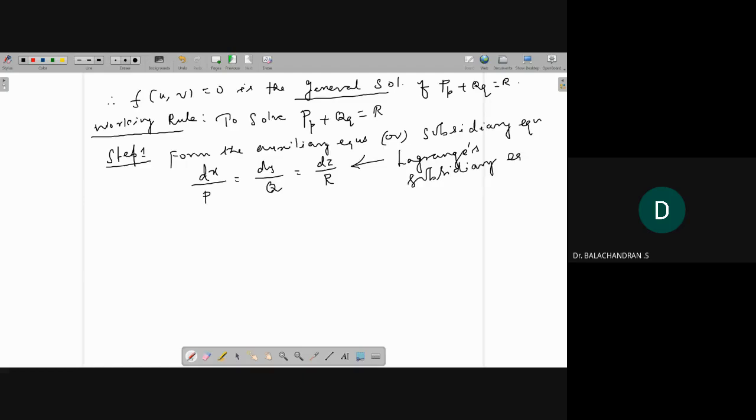Lagrange's subsidiary equation. Step 2. Solving the auxiliary equation. If you solve this auxiliary equation, you can find the two independent solutions, namely u equal to a and v equal to b.